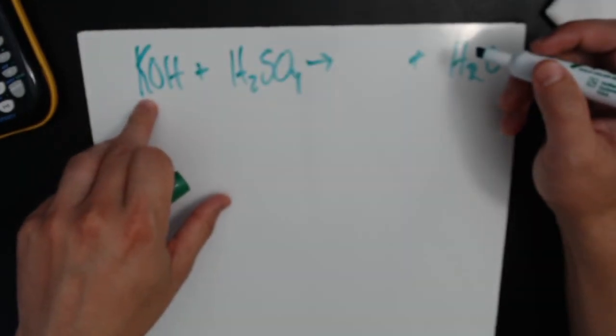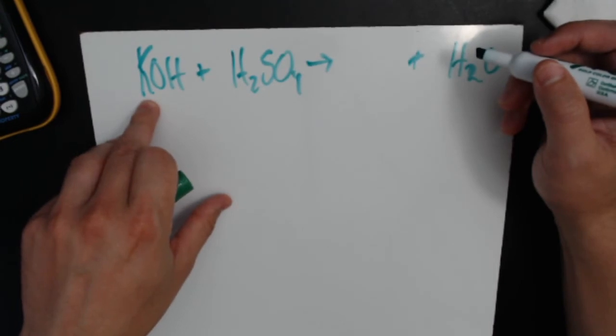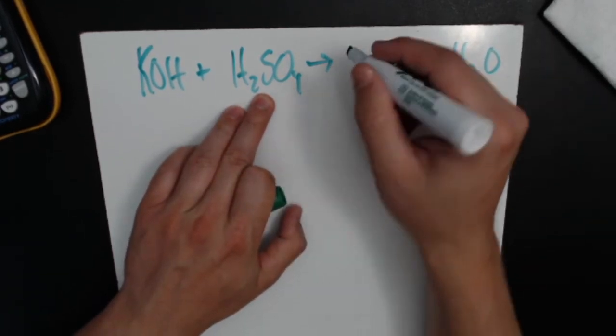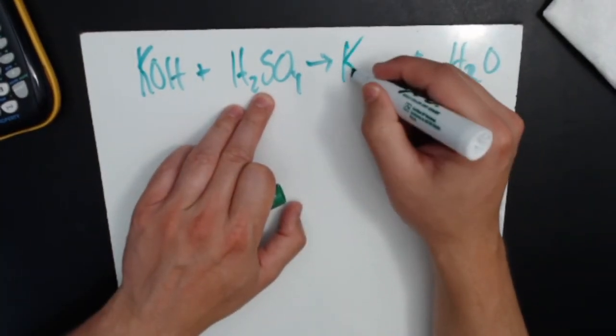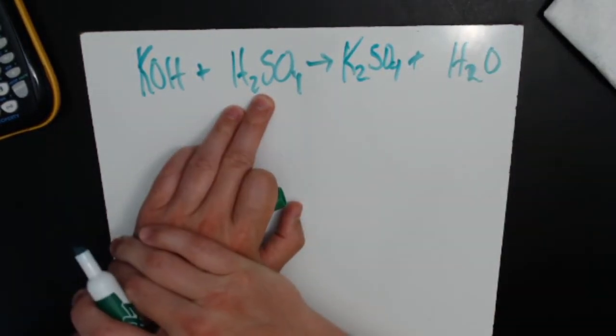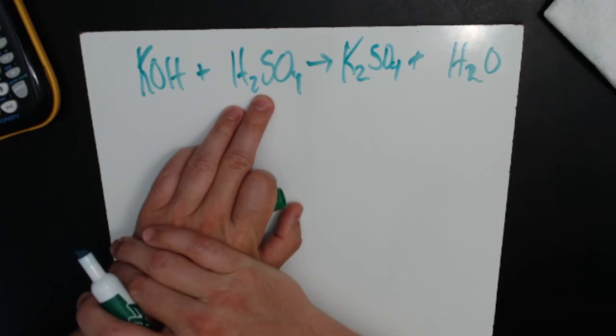Well, potassium is group 1, right? So that means it's +1. Sulfate is a -2 polyatomic ion. So when we're doing this, we have to have 2 potassiums, and that becomes real important. If I just write this as KSO4, then it's balanced and I don't really have any issues. But in the end, my math wouldn't be correct.